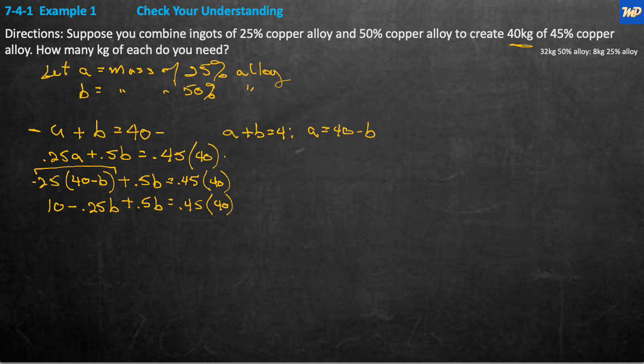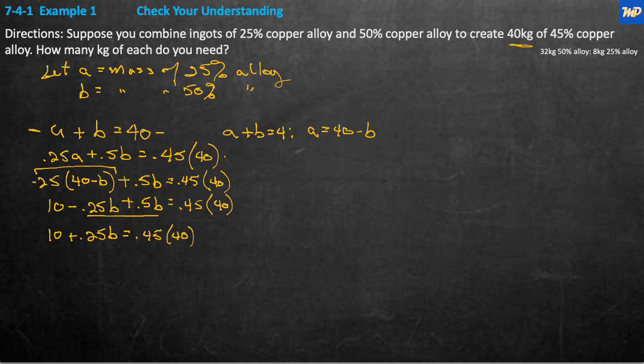So now we can combine these two right here. We get 10 plus, since 0.5 minus 0.25 is 0.25 B, and that is equal to 0.45 times 40. Are you with me? Okay.